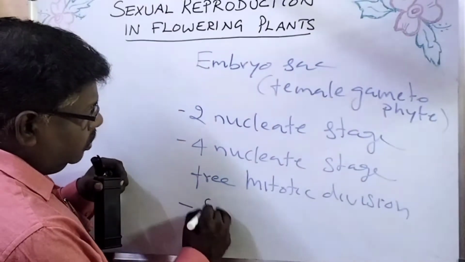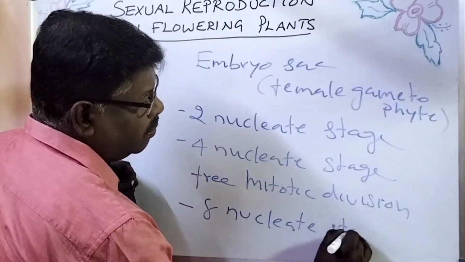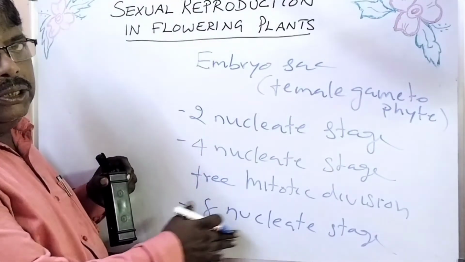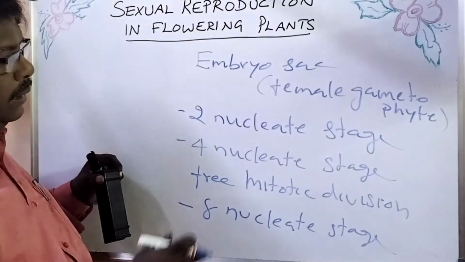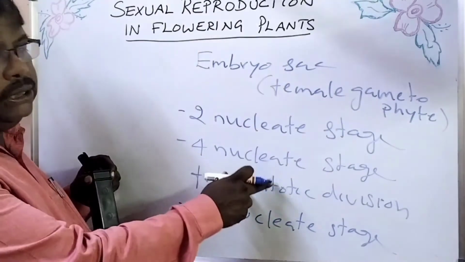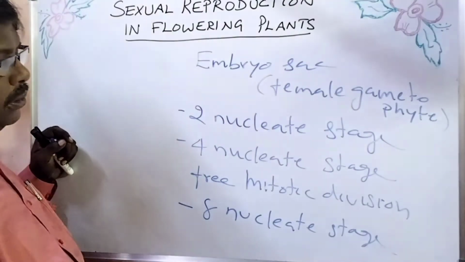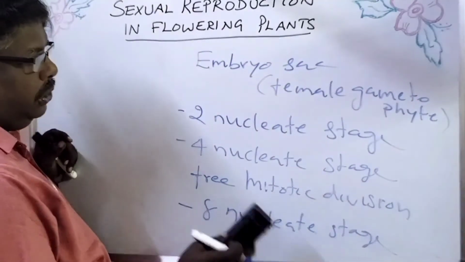When it comes to the 8 nucleate stage, only after this, cell walls will be formed. Till the fourth nucleate stage, the divisions are free. No cell walls will be formed. Cell walls arise only in the 8 nucleate stage.